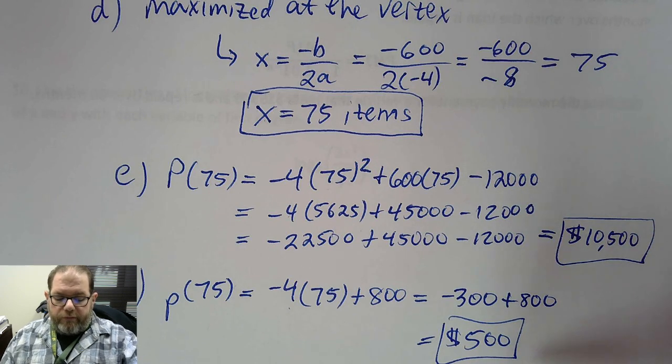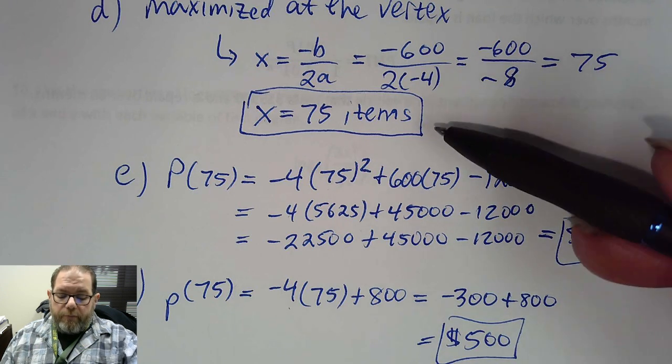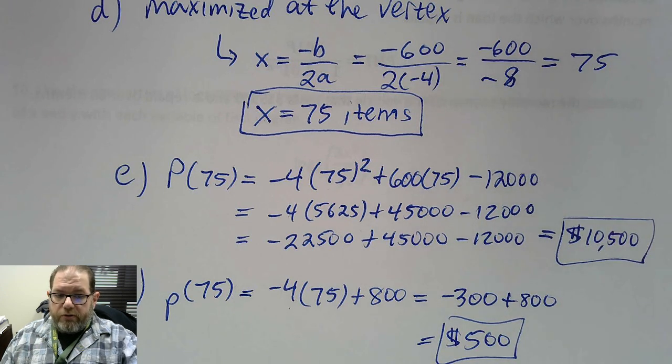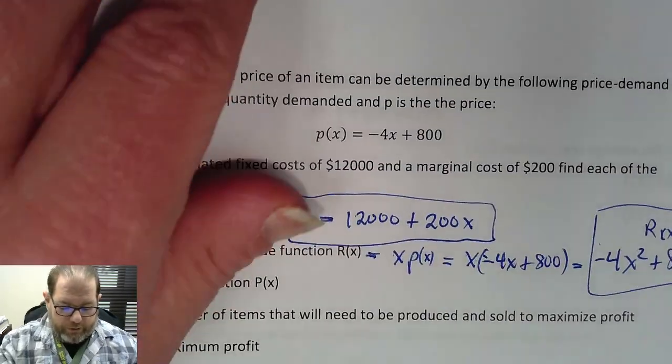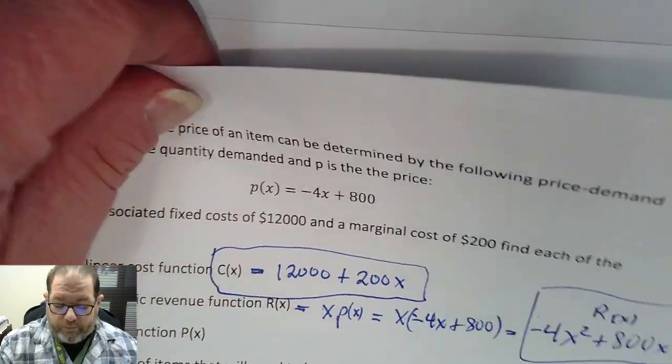Okay. So the price is what makes this optimization occur, so we have to remember to find that as well. Okay. That was a long problem, but it does state that it's worth twice as much as any of the other problems.